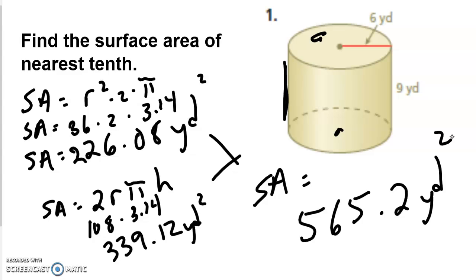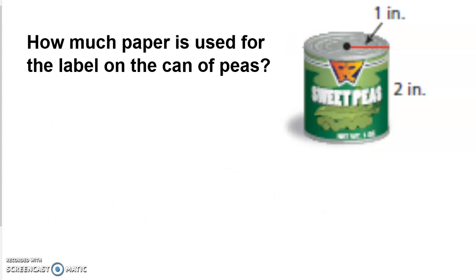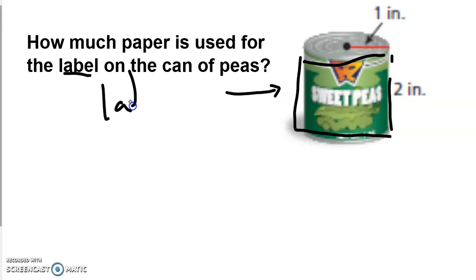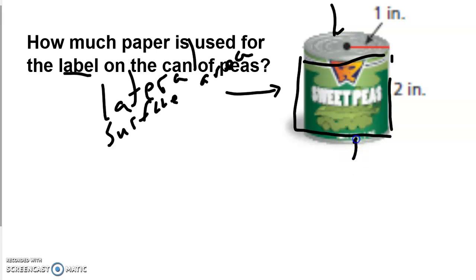Okay, one last part, because being a little more advanced in this means that you can handle a word problem. How much paper is used in this label of the can? So for us, if I'm only talking about the label, that means I only want this part, which if you remember is also called lateral surface area. So I don't want to think about the top and the bottom on this.